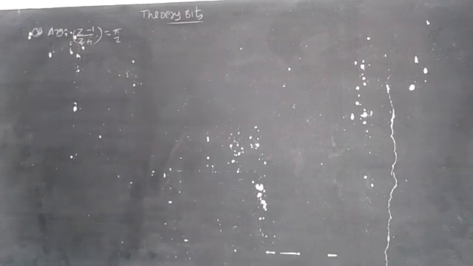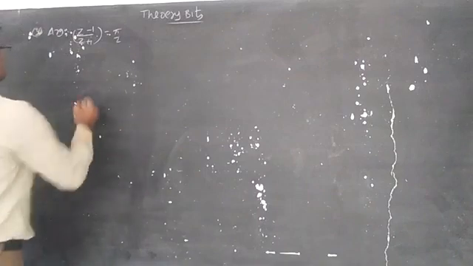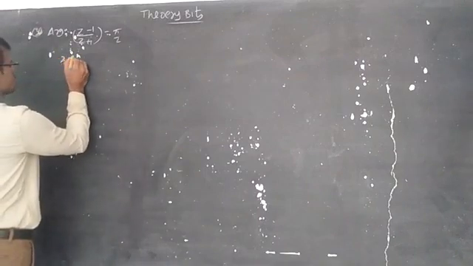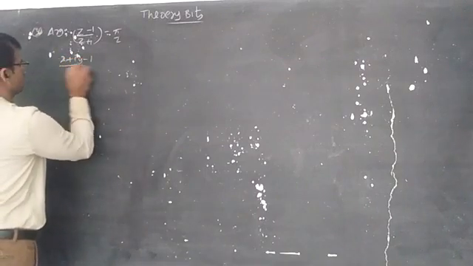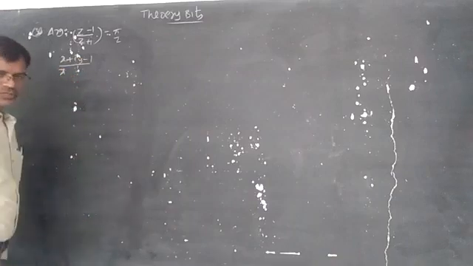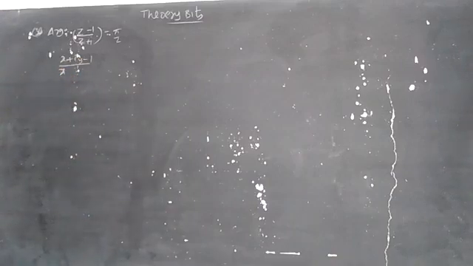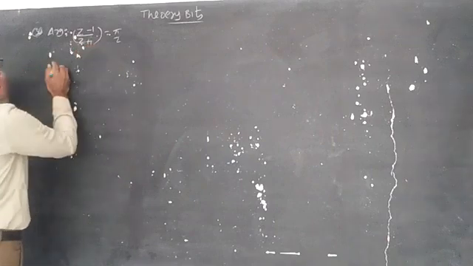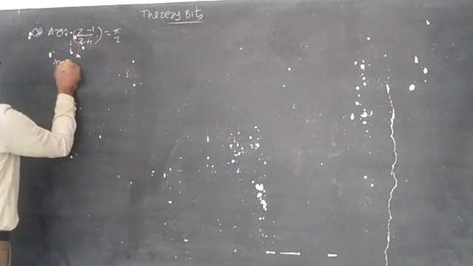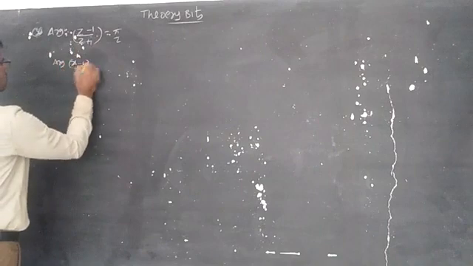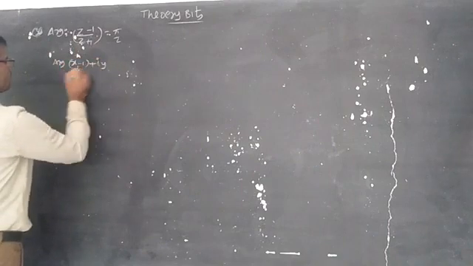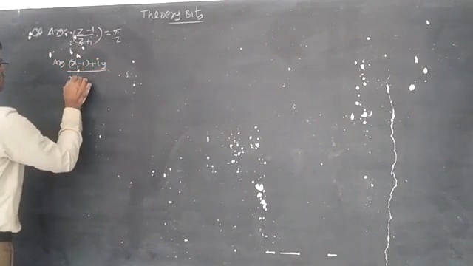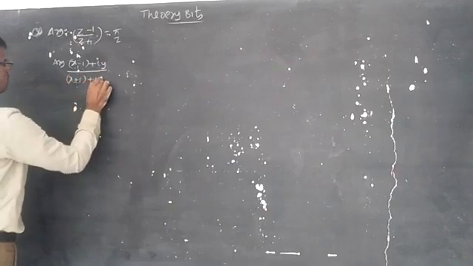Z is equal to x plus iy. Substituting, argument of x minus 1 plus iy by x plus 1 plus iy.